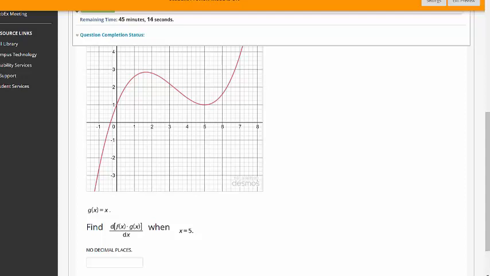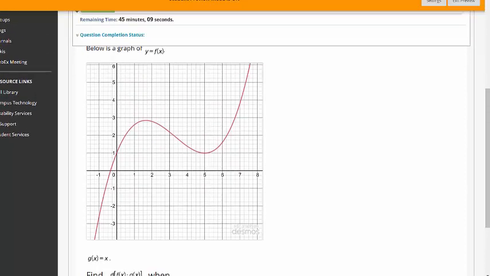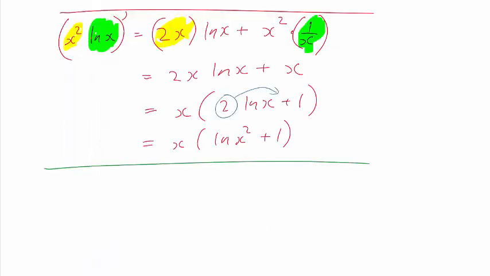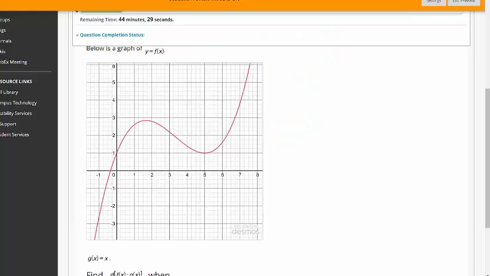Whenever x equals 5, f prime is going to equal 0, because if you were to draw a tangent line, it would be just a flat horizontal line right here. And so that has a derivative of 0. So f prime at 5 equals 0. If you go back to the problem, you can see that f of 5 equals 1.